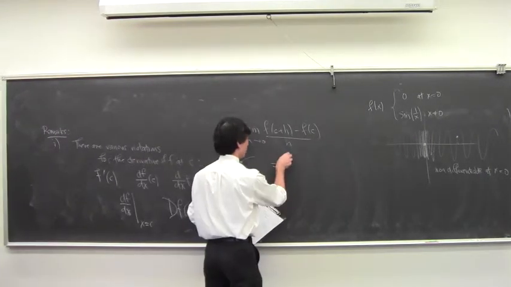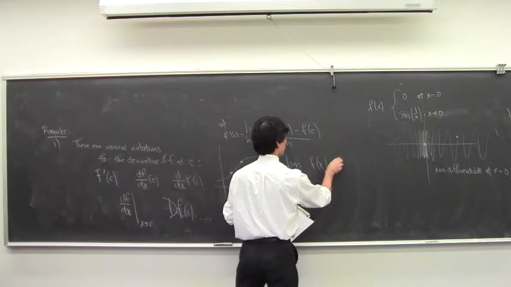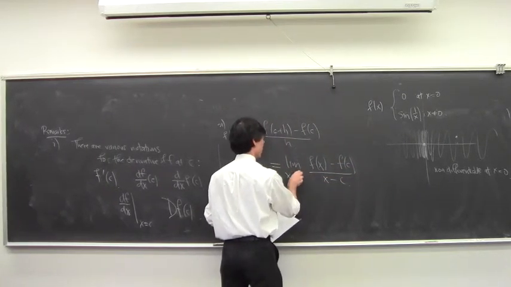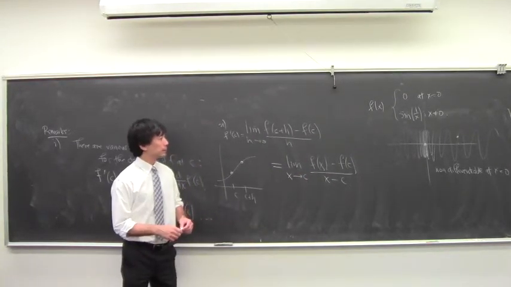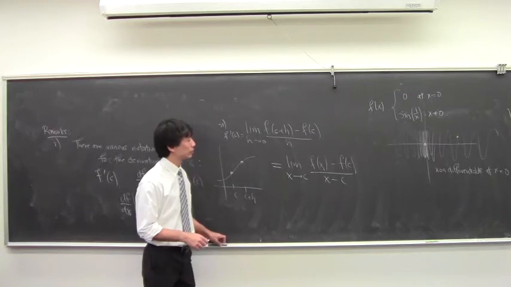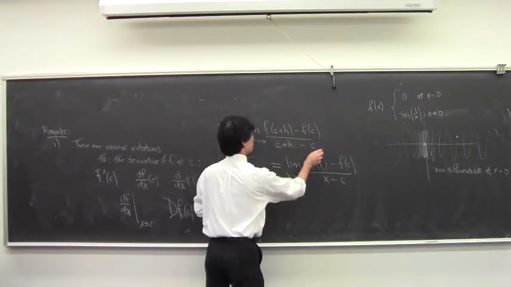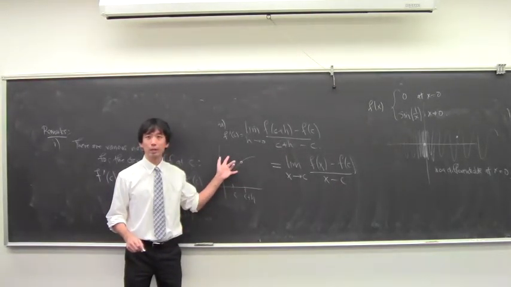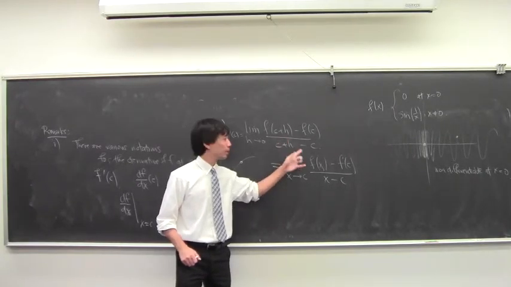This could also be written as the limit of f of x minus f of c over x minus c as x approaches c, where x is c plus h. All I want to point out is that these two things are exactly the same.